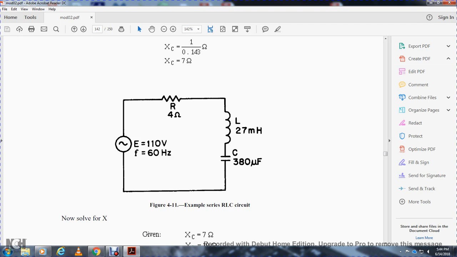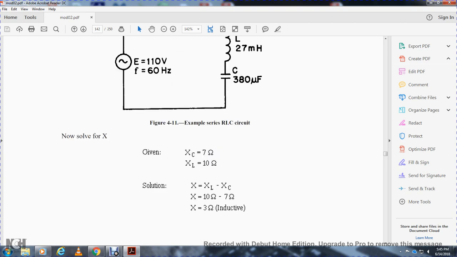Figure 411 is the example RLC circuit. You notice that the voltage frequency is 60 hertz, the resistor is 4 ohms, the L is 27 millihenries, and the capacitor is 380 microfarads. So you take 10 minus 7 to get the net inductive reactance of 3 ohms.